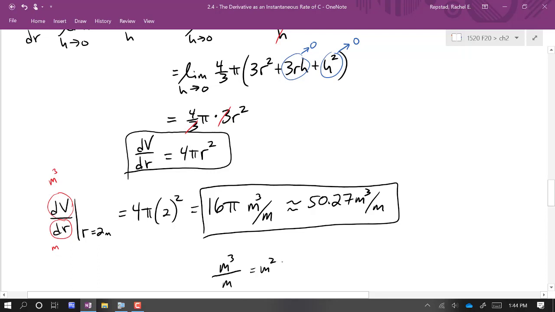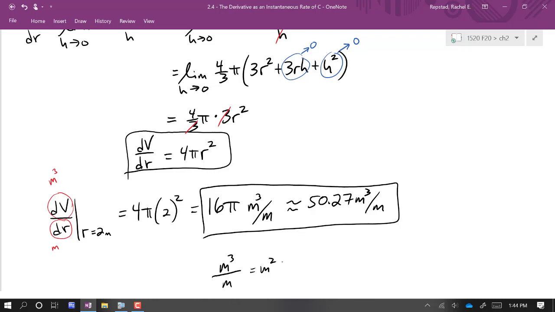I write it as meters cubed per meter because we are finding a rate of change, and meters cubed per meter gives some context. We're talking about how the volume changes with a change in the radius compared to a change in the radius. When you express it as a rate, that implies that comparison. So it's more meaningful to write this answer as meters cubed per meter than meters squared.